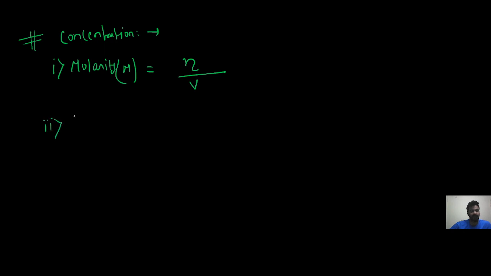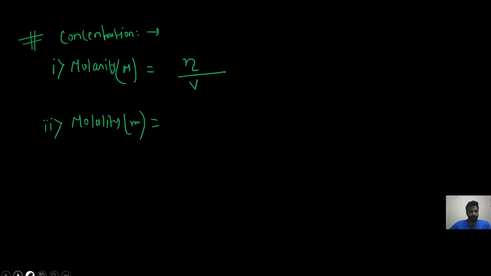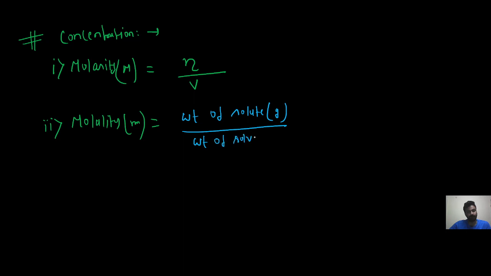Second term you can include is molality, that is denoted by small m, that is weight of solute in gram upon weight of solvent in kg, right? So these are basically two concentration terms.